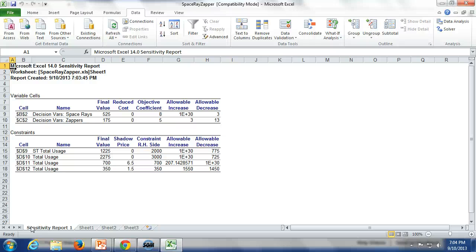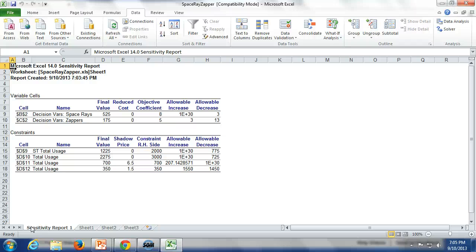According to this, our current profit coefficient for space rays is $8. If you see, it says the allowable decrease is $3. So that means if we decrease the $8 by $3, we get to 5.